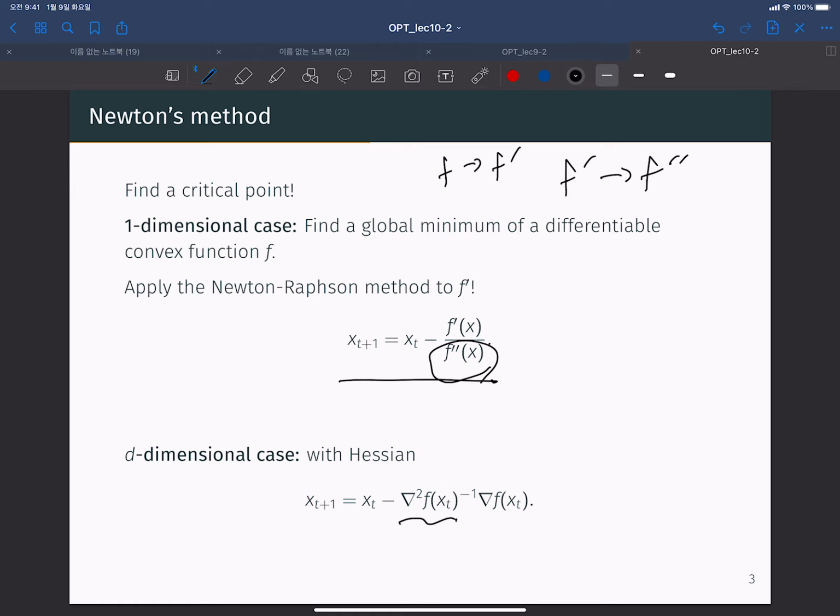And we have to use the inverse matrix because the Hessian is a matrix. So this is Newton's method. We update x_{t+1} from x_t minus the Hessian inverse matrix times the gradient of f(x_t).